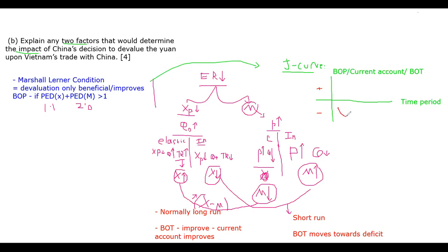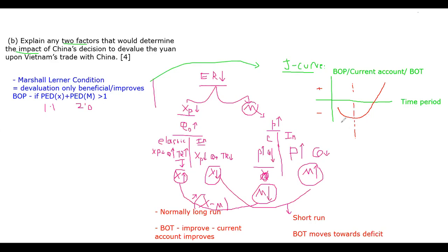So we're saying initially it in fact worsens the balance of payments, and then it starts to improve and goes up. This turning point is where it stops moving towards the deficit and starts moving towards the surplus. Although in this particular region it's still in a deficit, it's at least moving towards the surplus.